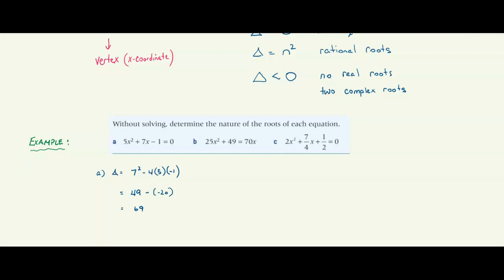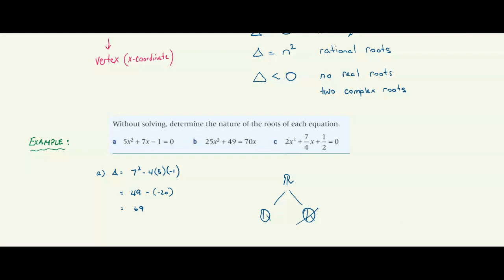Okay, so the first thing I know is that that's positive, obviously, so I'm going to have two real roots. Can I be more specific? Remember that underneath the real number system, we've got rationals, so Q for quotient, R for real, and irrationals, which is just a Q like this with a line through it. So irrationals, rationals.